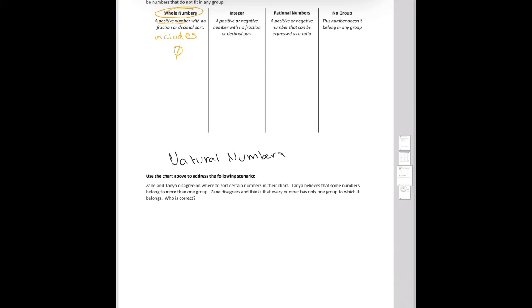Natural numbers are all positive whole numbers, but it does not include 0. So whole numbers include 0, natural numbers exclude 0.